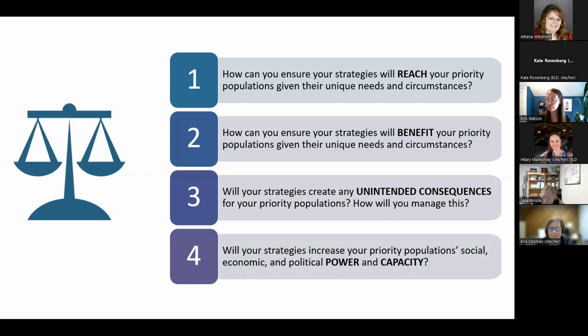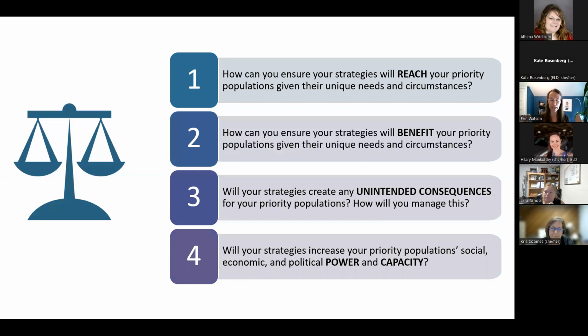Finally, will your strategies increase priority population social, economic, and political power and capacity? So you might say, well, what the heck? Why did you add this on the list? Because we know that in order to empower families, youth, communities to thrive, they need this type of power and capacity.